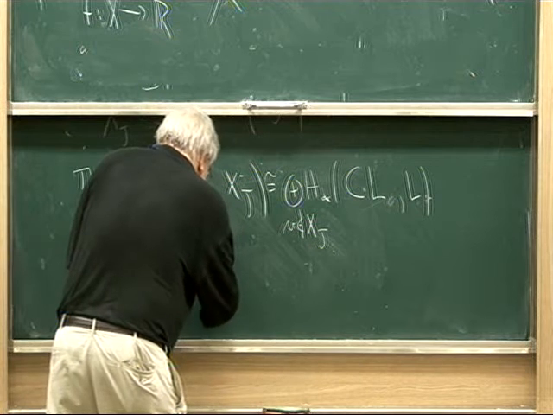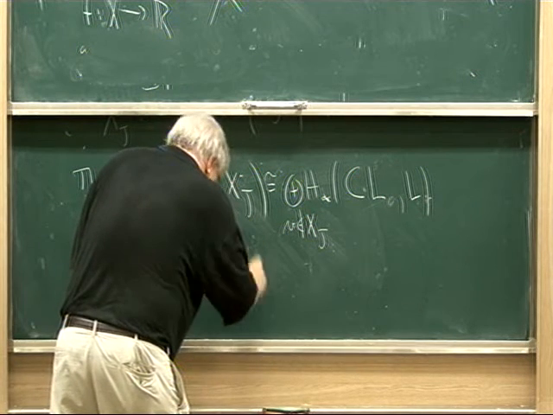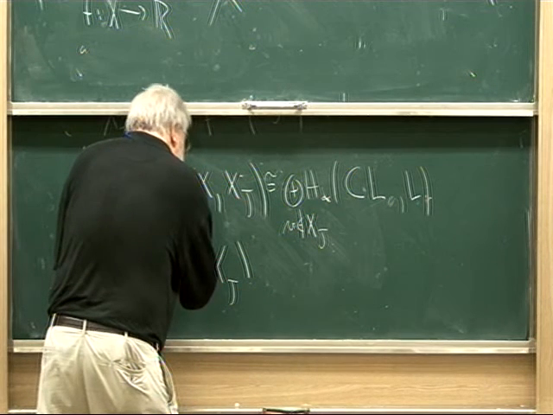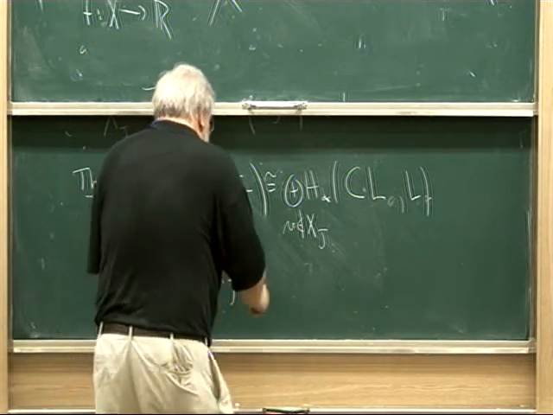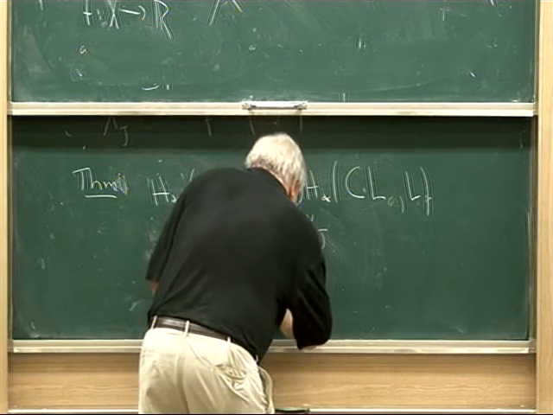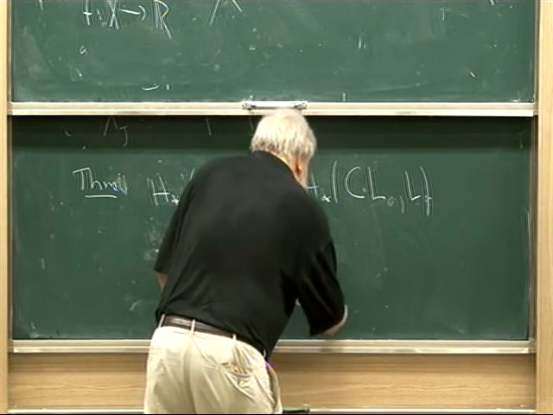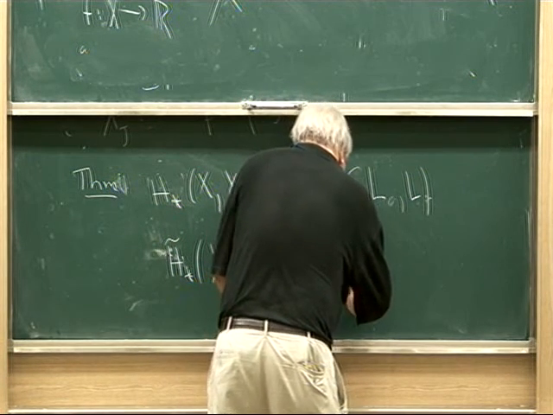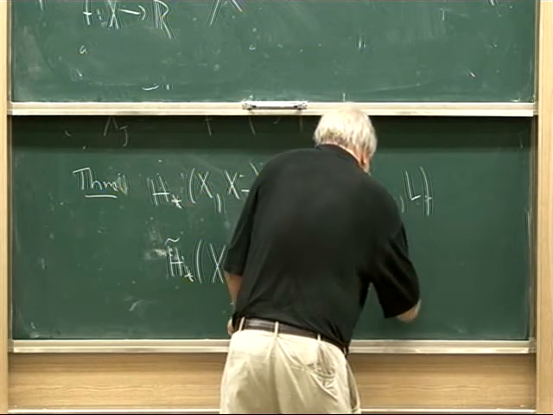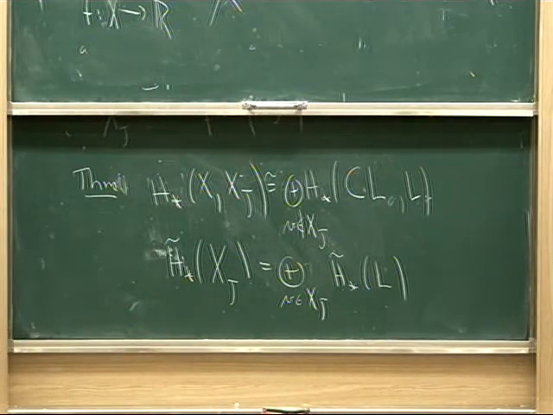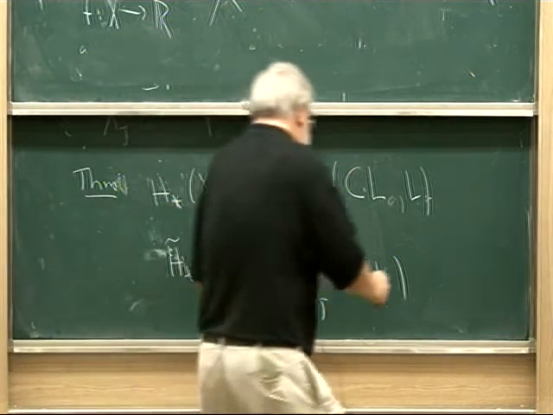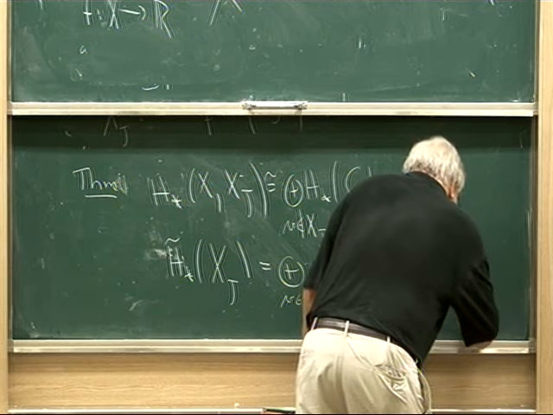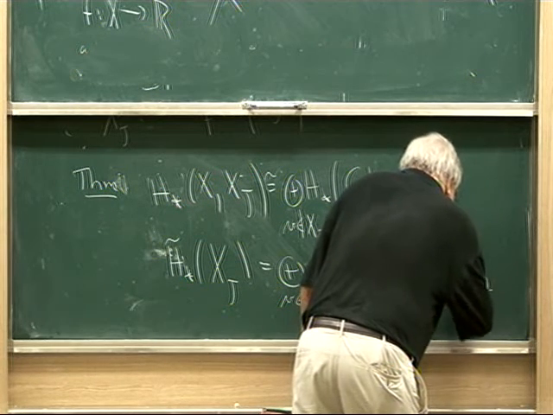So this gives you that the reduced homology of Xj is the same as the direct sum over these vertices that are not in Xj of the reduced homology of the link L. And this is as a ZHL module.